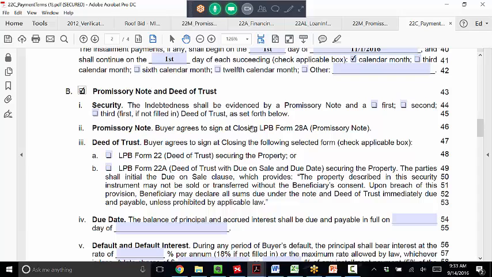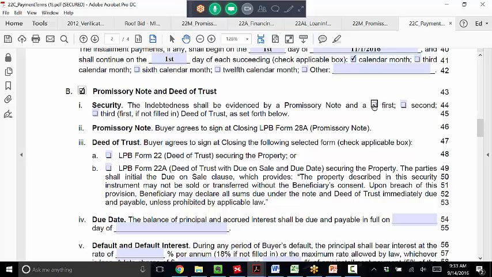And this is where you get into the LPB forms, because you're going to want to use forms to specify the promissory note and specify the deed of trust. All right. Security. The indebtedness shall be evidenced by a promissory note and a blank deed of trust.